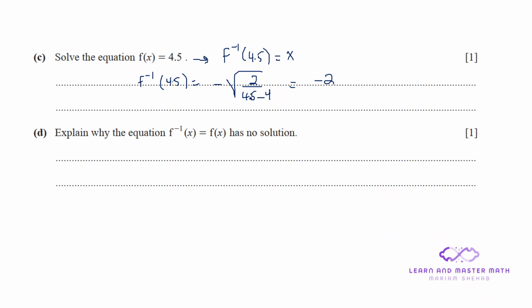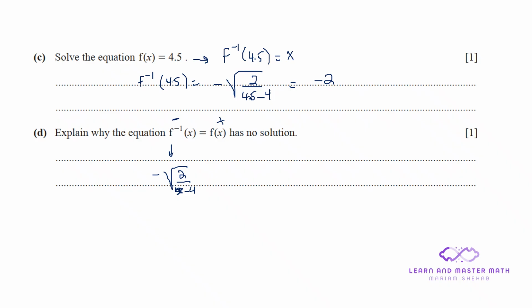Part D, explain why the equation f minus 1 of x is equal to f of x has no solution. That's because simply f minus 1 is always negative. So this one is always negative, and this one is always positive. If you remember, this is negative root of 2 over x minus 4, and f of x was positive.